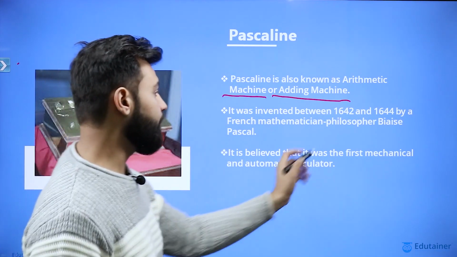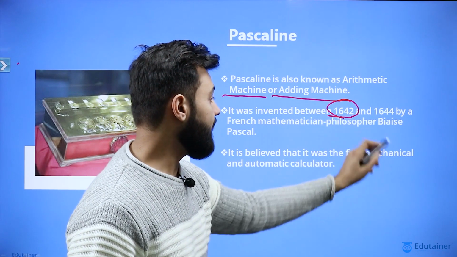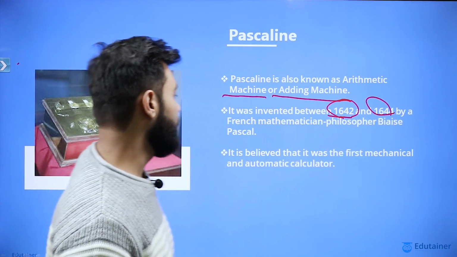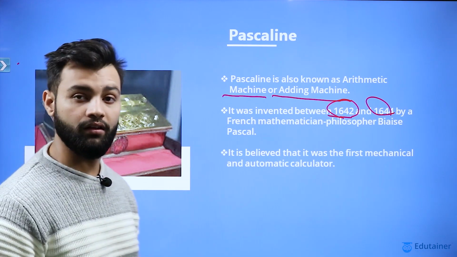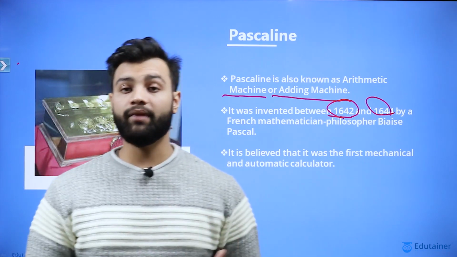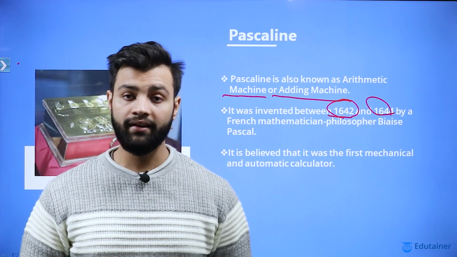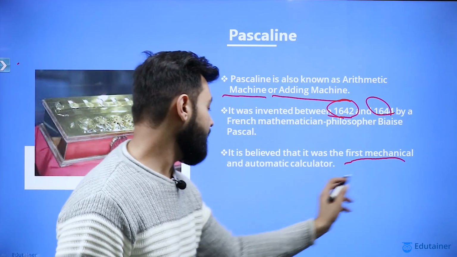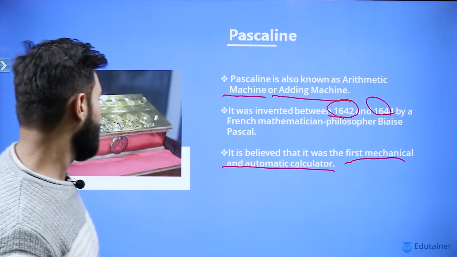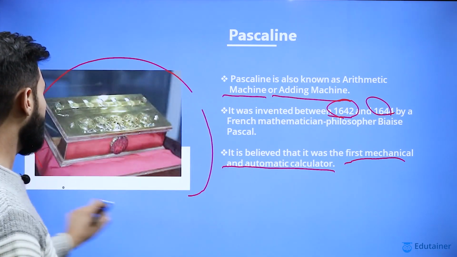It was invented between 1642 and 1644 by a French mathematician known as Blaise Pascal. The machine was named after his surname, Pascaline, and it is believed to be the first mechanical and automatic calculator. You can see the calculator over here.